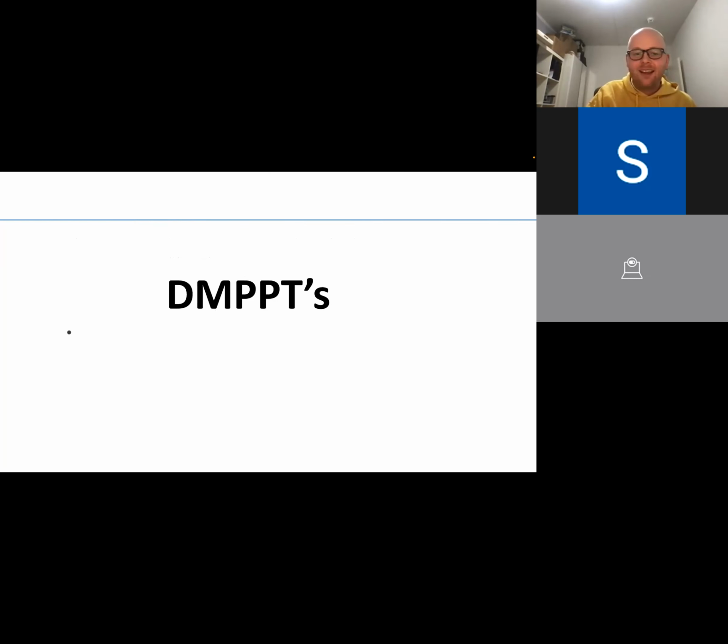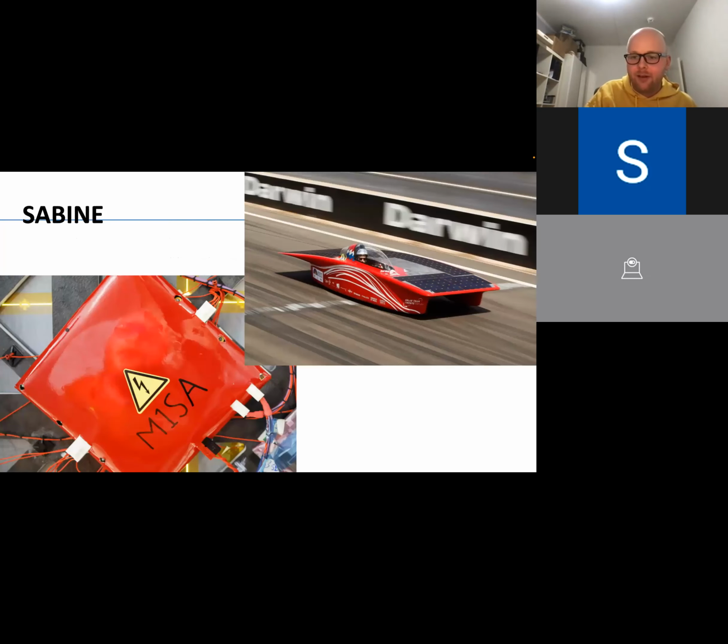What else? In 2015, I made a little system for Solar Team Twente called Sabine. What does it stand for? Solar Array Balancing Interface, new edition. Basically, some of the people in here know how to make battery management systems, because a solar array is just a series string of little voltage sources.